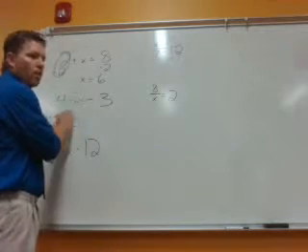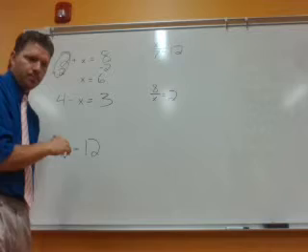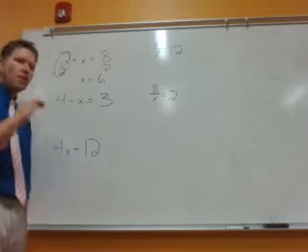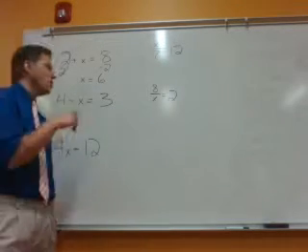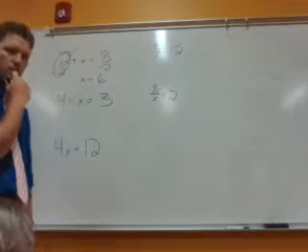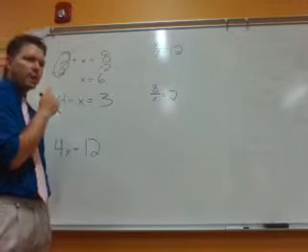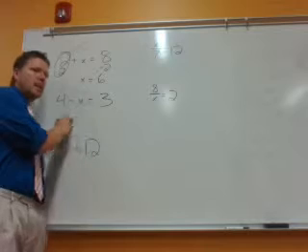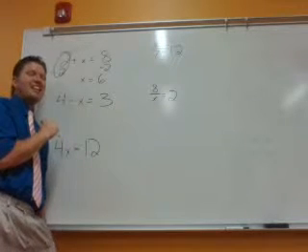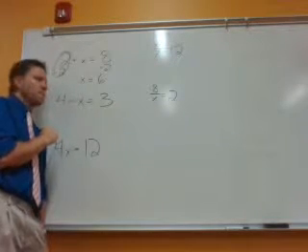This problem, 4 minus x equals 3, okay? Now, in our mind, we can see what this comes out as, okay? But this, although it's listed as a one-step equation, is not, okay?